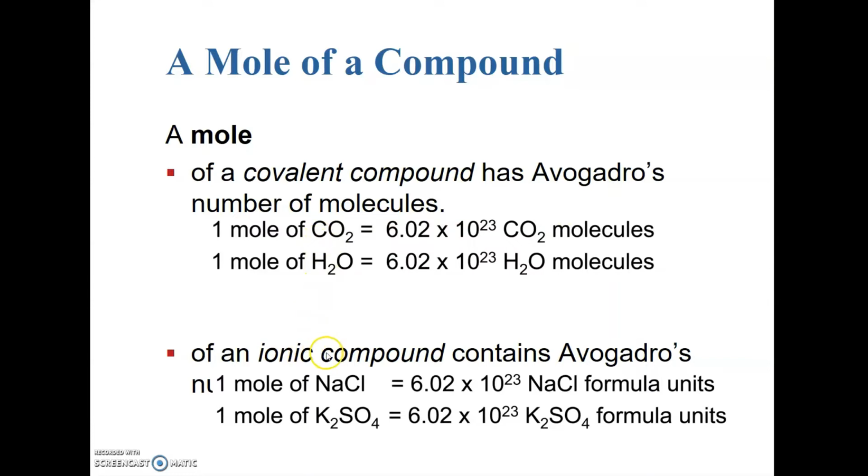When we talk about ionic substances, 1 mole of an ionic substance has 6.02 times 10 to the power of 23 formula units of that substance.